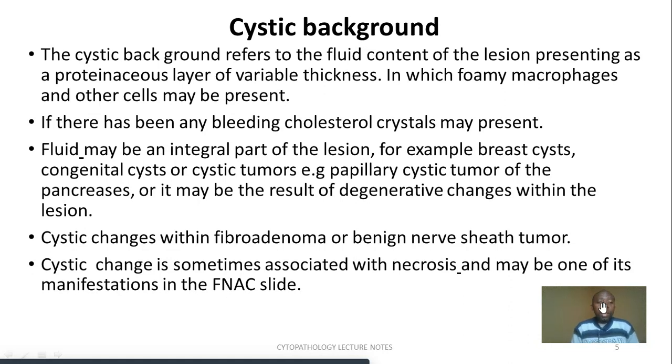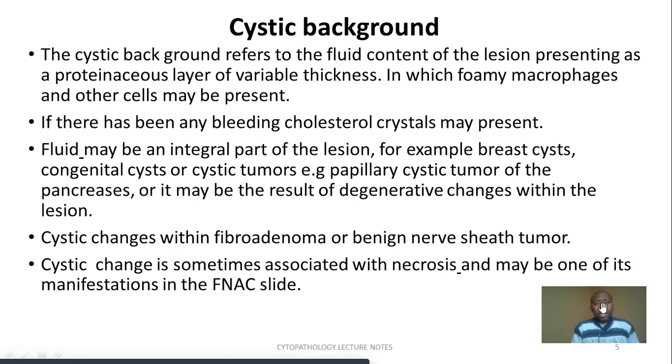Actually, we can all see these cystic changes in fibroadenomas and benign nerve sheath tumors. So we said in our previous slide that when we look at the backgrounds, they can point to us and give us direction on where we could be going. So when you see a cystic background, you have to begin thinking in line with some malignancies and neoplasms which are associated with the cystic background.